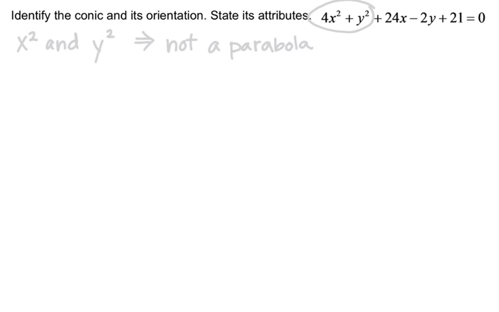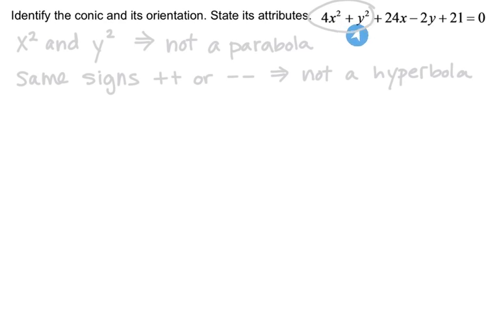That means it's a circle, an ellipse, or a hyperbola. Another thing we look at are the signs. Since they are both positive, or both negative, since they're both the same sign, we know this is not a hyperbola. That means it's either a circle or an ellipse. And since my coefficients are different, we know it is not a circle.